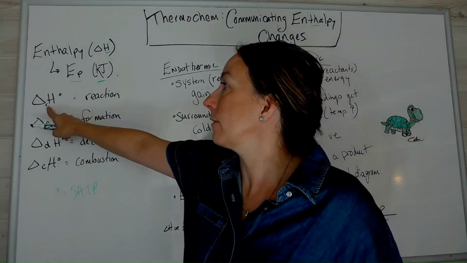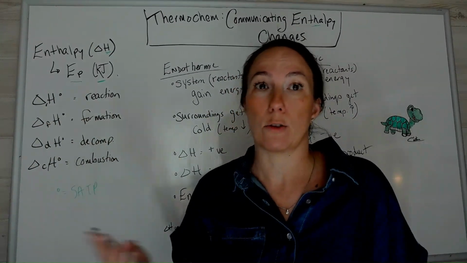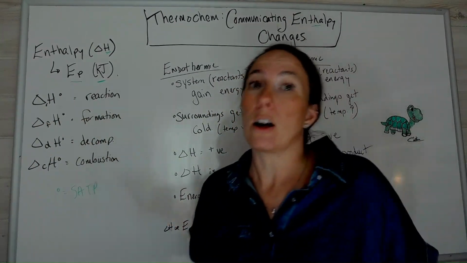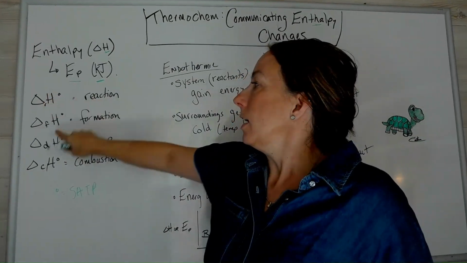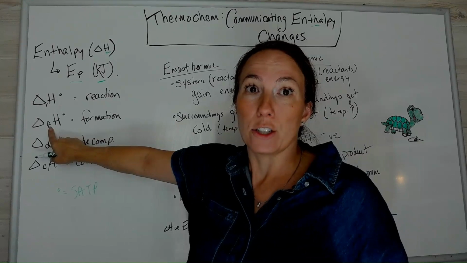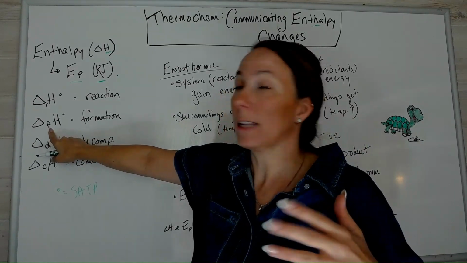The other thing that they'll give is little subscripts for a reaction. Maybe it's a single replacement, maybe it's a redox reaction, which we'll get to in another unit, but any kind of reaction. If it's specifically a formation reaction, element plus element yielding the compound, then we'll put a little F here.